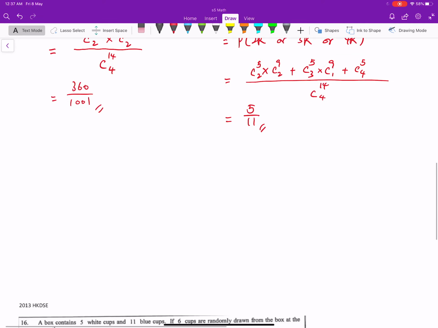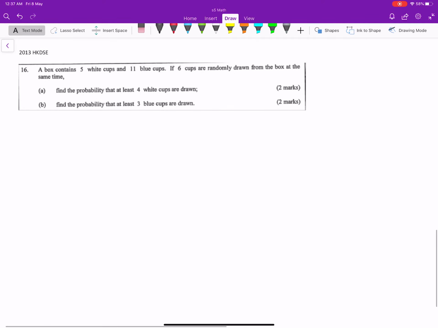So let's go to the last one. 2013. Again, you have 5 white and 11 blue this time. And select 6. Find the probability that at least 4 white cups are drawn.